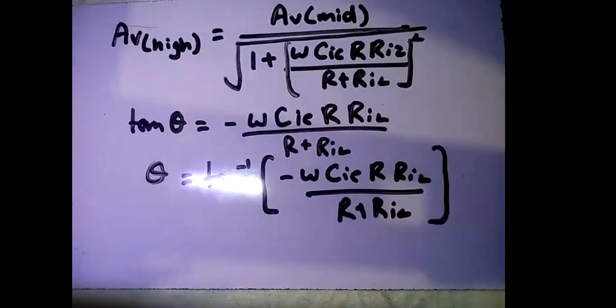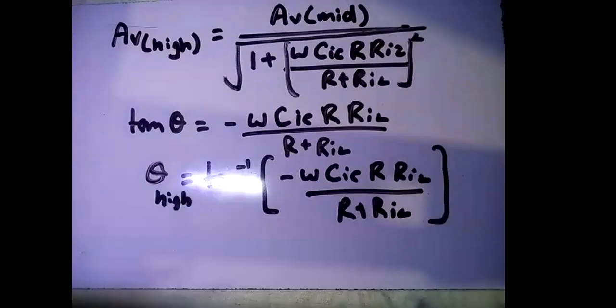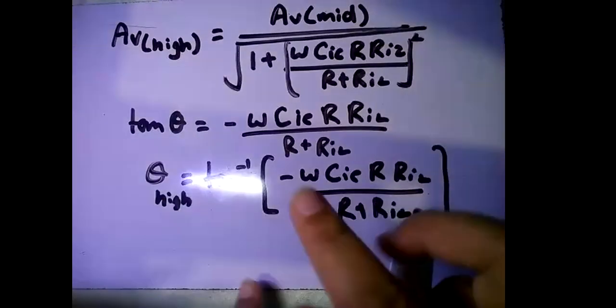So for the 180 degrees, this is the response of high frequency. Now what you have to do, you will subtract it from the 180 degrees, then you can determine the phase angle for the high frequency response.